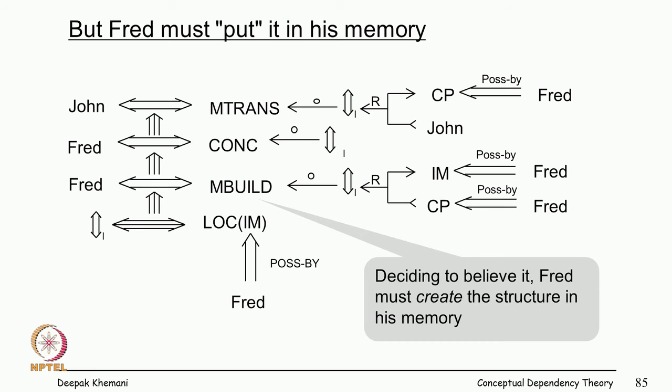So, John had transferred that formula to his CP, and Fred has taken it from the CP and put it in his immediate memory, as a result of which now it lies in his immediate memory essentially, and in that sense Fred believes John essentially. So, John told something which Fred actually actively put in his memory.